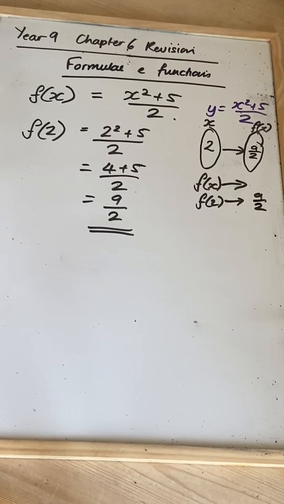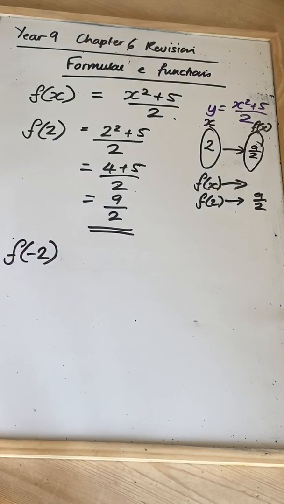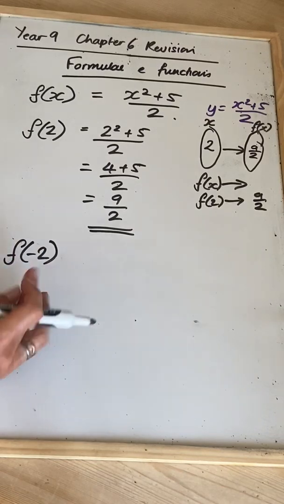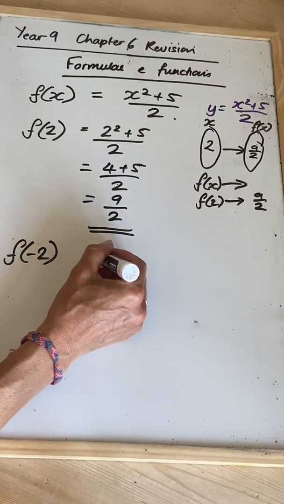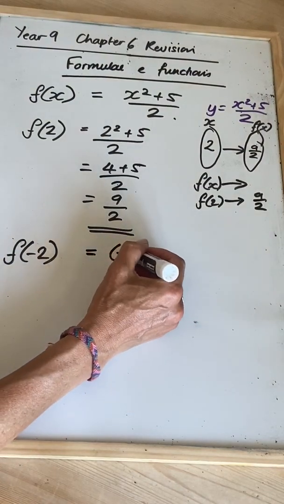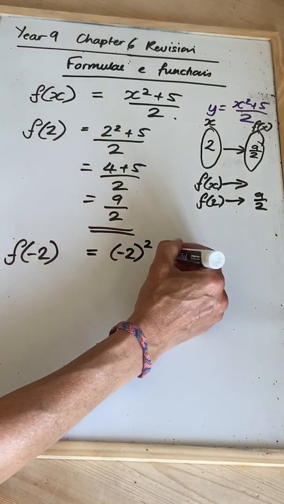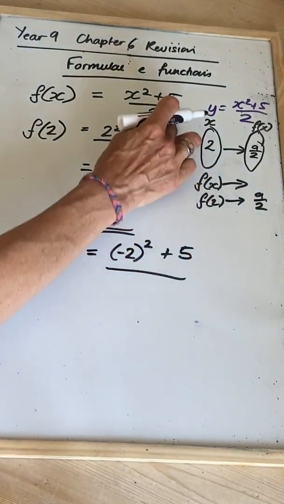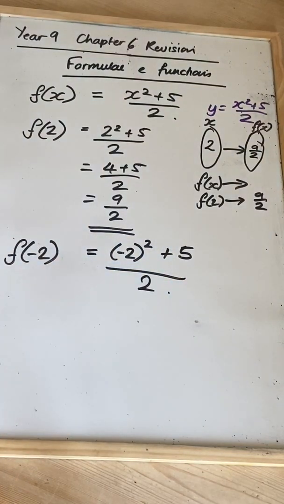Be careful, gents. Some of you weren't very good when you had negative numbers in your homeworks. If you've got a negative number, just remember that it stays negative when you substitute it in. So it's going to be (-2) all of that squared plus 5 for this function that we're looking at here, all over 2.